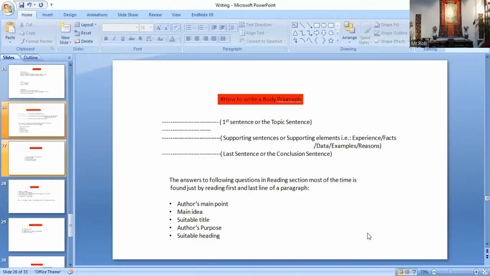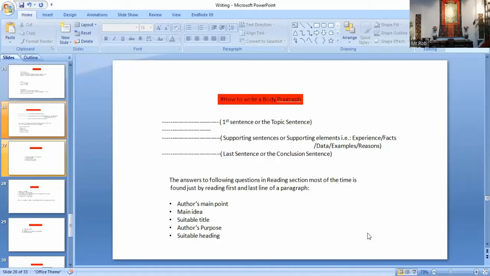Experience, facts, data, examples, and reasons. So use these elements to support your idea. And the last sentence, the conclusion sentence of a body paragraph, will be a paraphrase of the first sentence of your body paragraph.